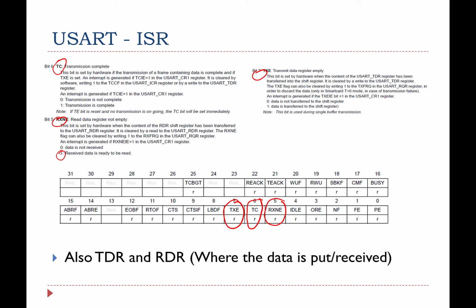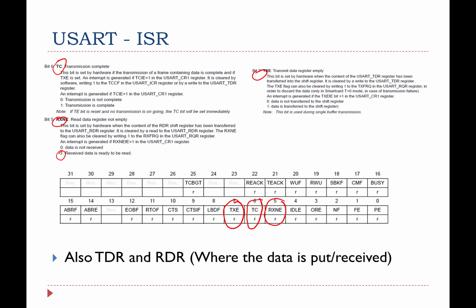The transmit data register empty, again, it says the data is transferred to the shift register when that's equal to 1. And so it says this bit is set by hardware when the content of the transmit data register has been transferred into the shift register. It is cleared by a write to the transmit data register.